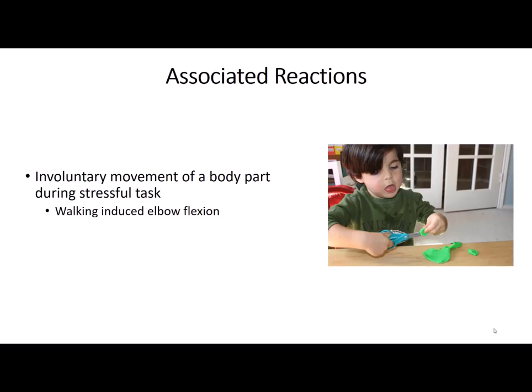So the elbow flexion is the associated reaction that happens in a patient post-stroke. However, if you tell that person to straighten their elbow, they're not able to do it. So it's an associated reaction that you will see when patients are doing a stressful task. Another body part that's not involved in the task will have an involuntary movement.